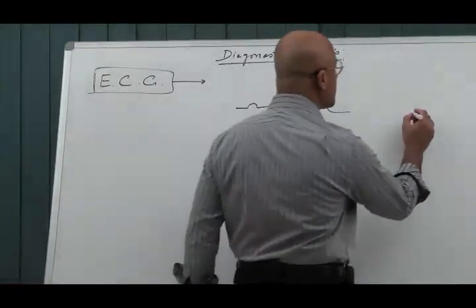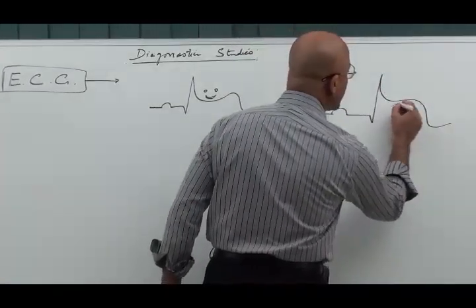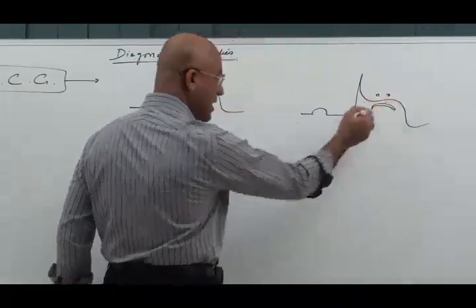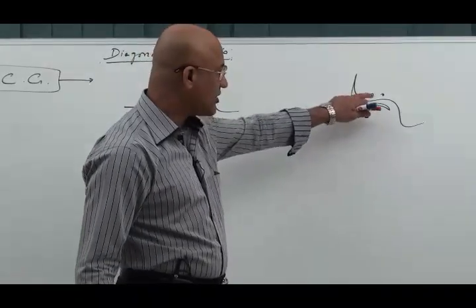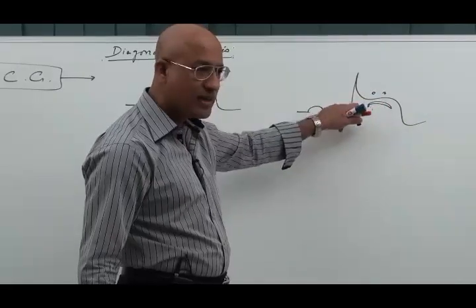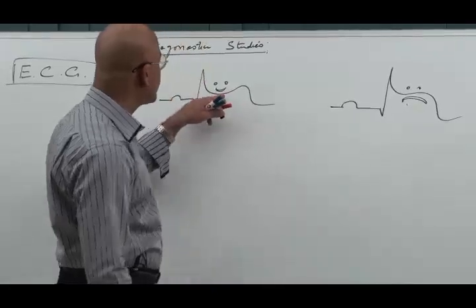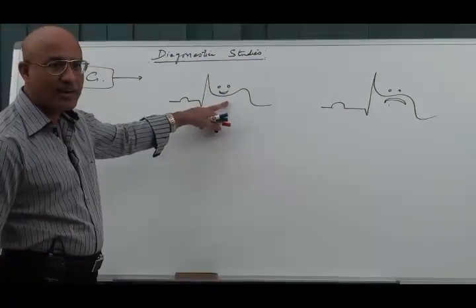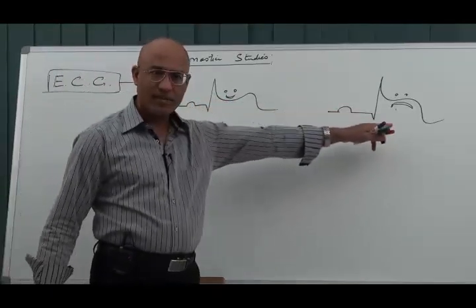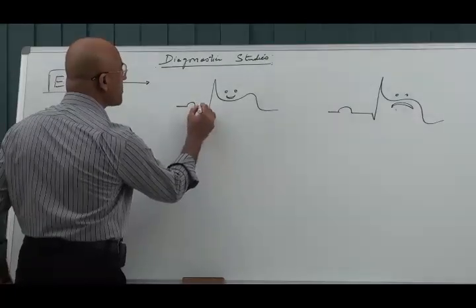Remember, as I mentioned previously, if there is ST segment elevation with concavity downward, this is MI, right? This is a sad face, it's a bad face. ST segment is elevated with concavity downward in myocardial infarction, transmural of course. But if ST segment is elevated in pericarditis, the ST segment is smiling. That's not as dangerous a diagnosis as myocardial infarction. So ST segment elevation with PR segment depression, right?